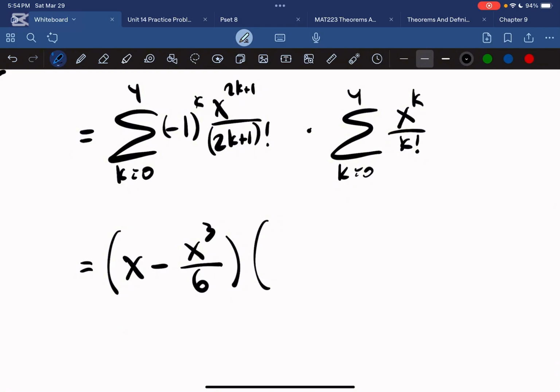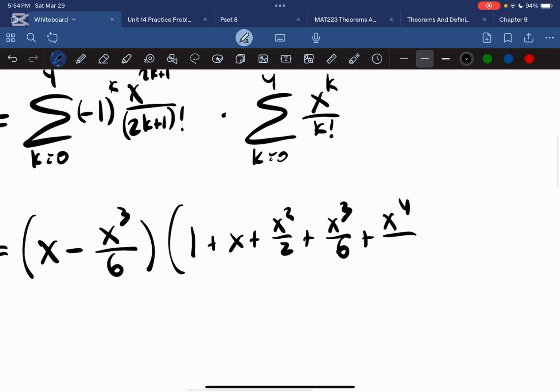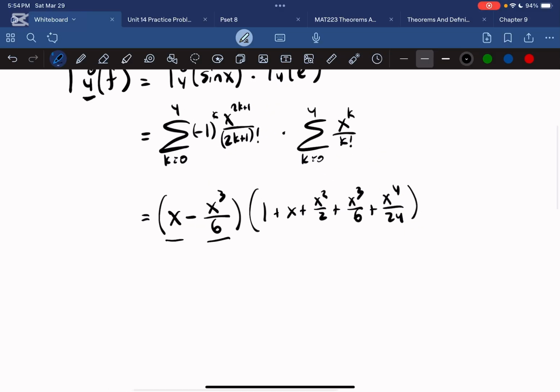And now for this one, it's just 1 plus x plus x squared over 2 plus x cubed over 6 plus, oh, and this is another one, we could include x to the 4 over 24. We could. But as soon as we expand it out with this, it becomes an order that we'll end up discarding anyway. So we can actually get rid of it too. You don't have to. If you want to play it safe, you can just keep the terms after.